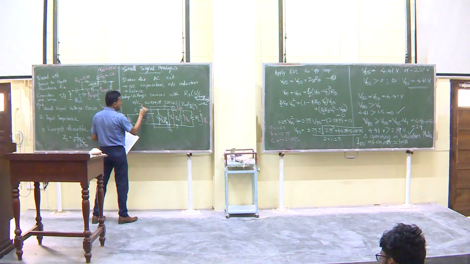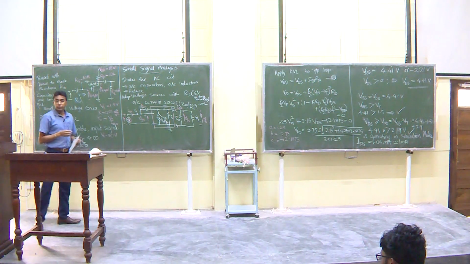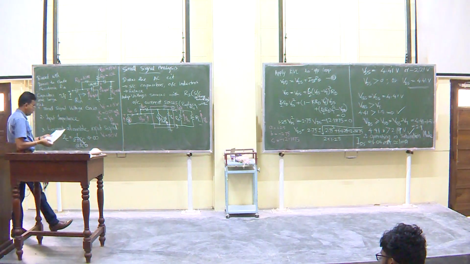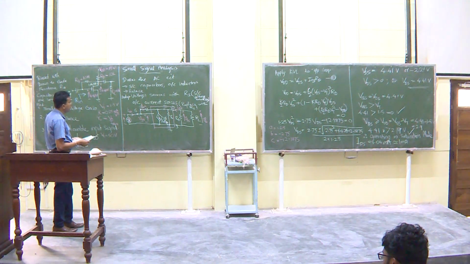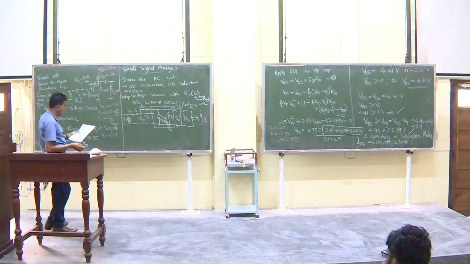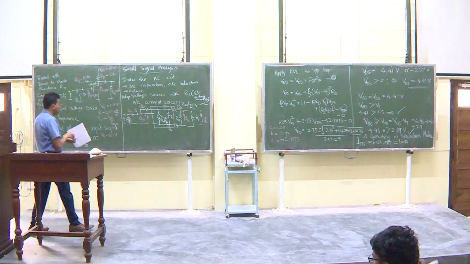This is i in. The same current has to go through only that resistor.